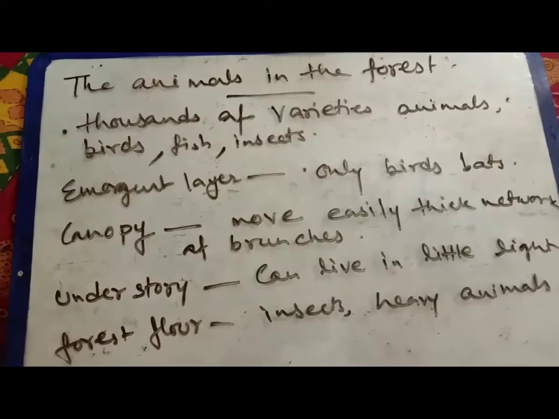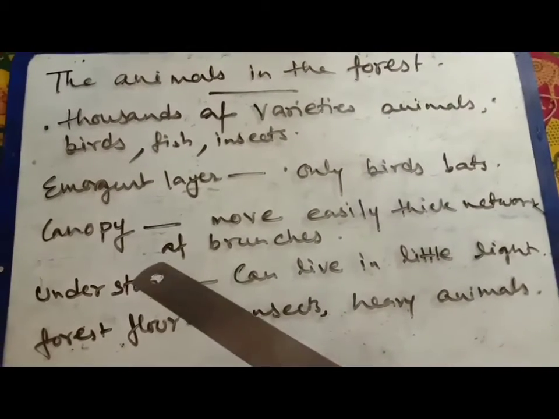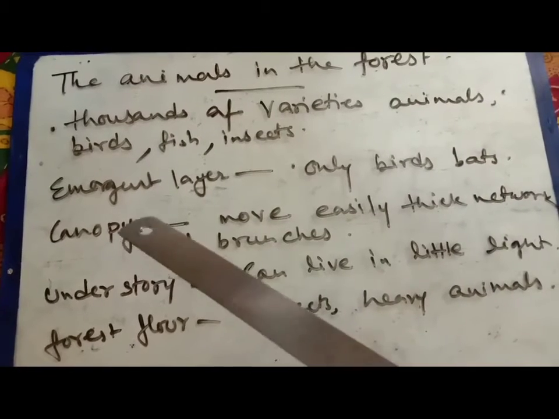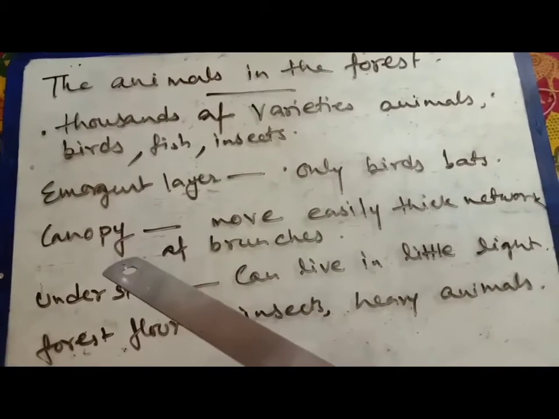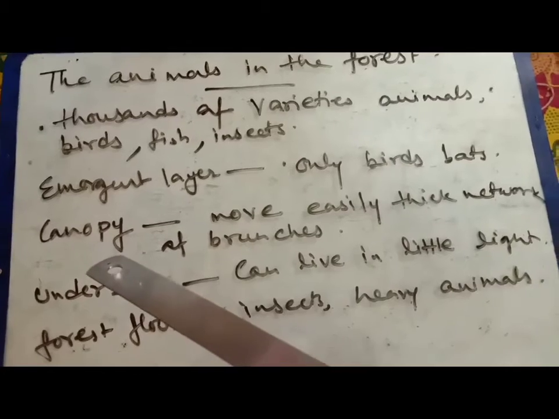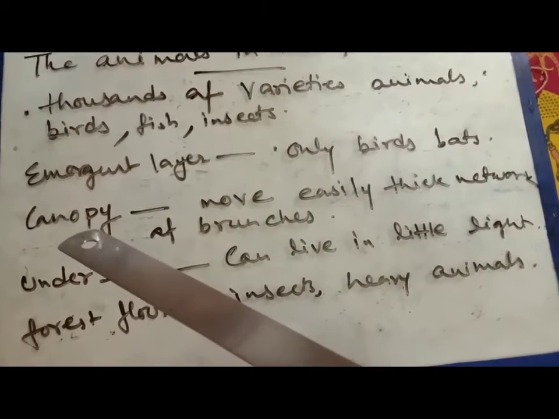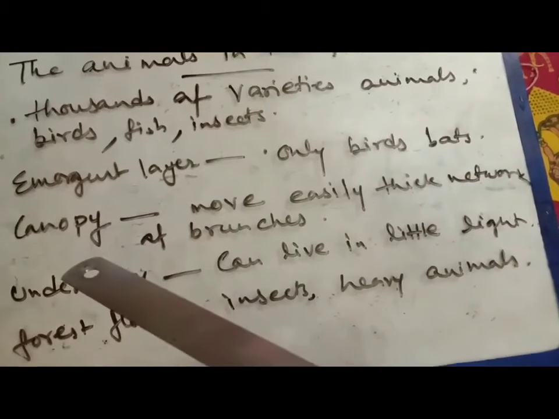Now we can see the canopy. The canopy layer comes just after the emergent layer. It looks like an umbrella, and it is very huge.